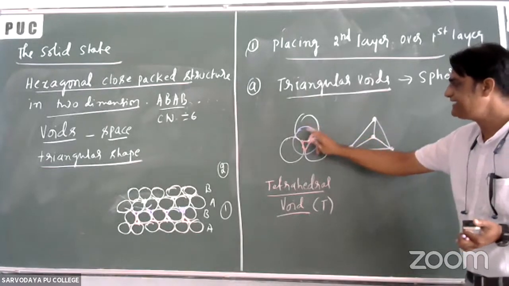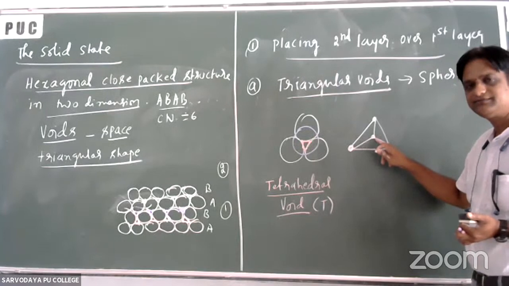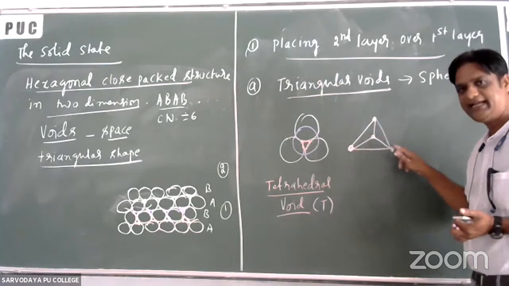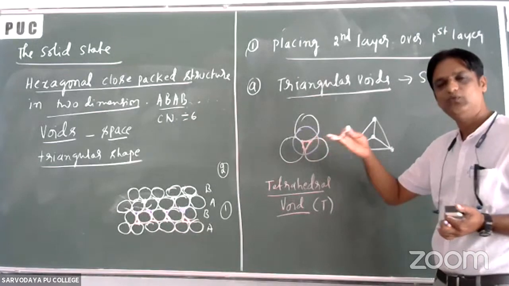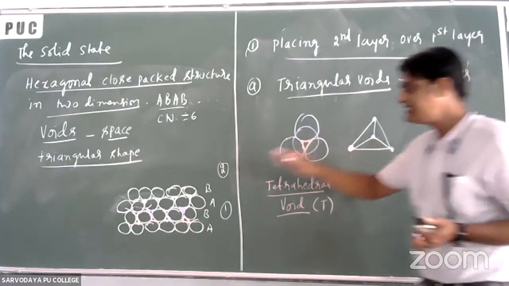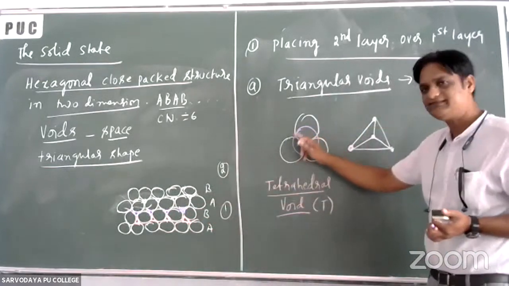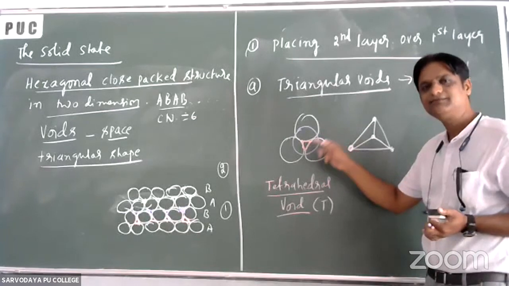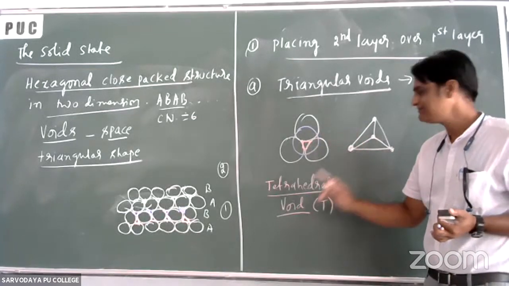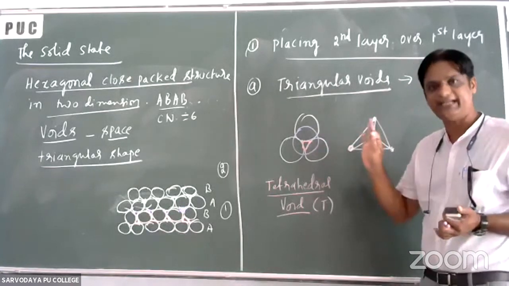If the centers of these 4 spheres are joined, then we get a tetrahedron. That's why the void which is generated when second layer is placed over the first layer, wherever the sphere of the second layer occupies the triangular void, there tetrahedral void is generated.